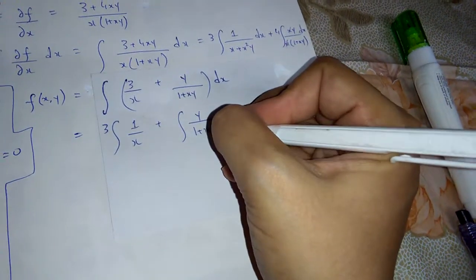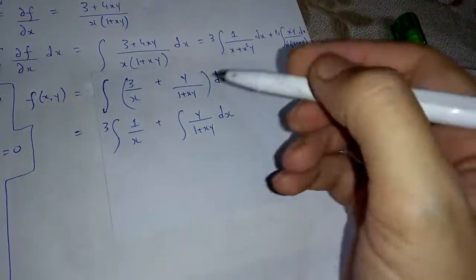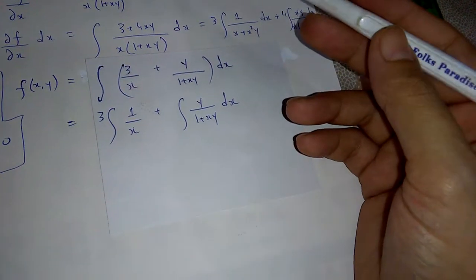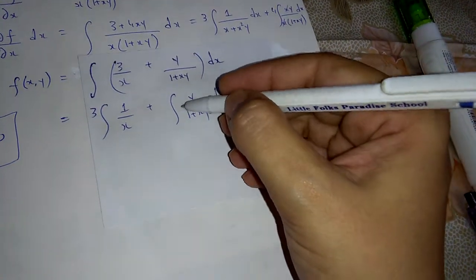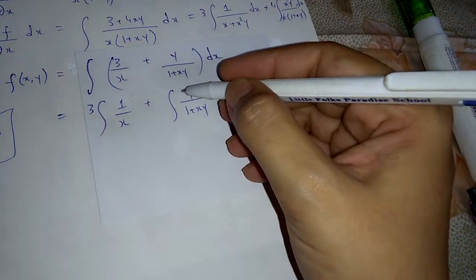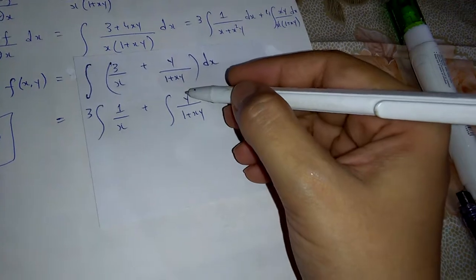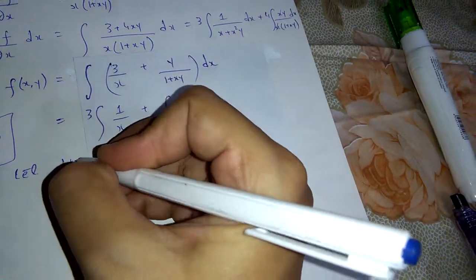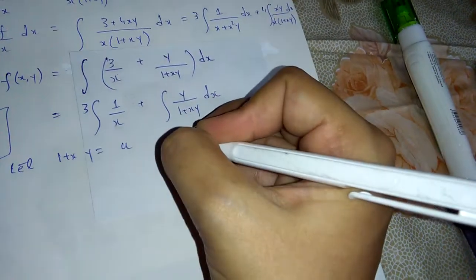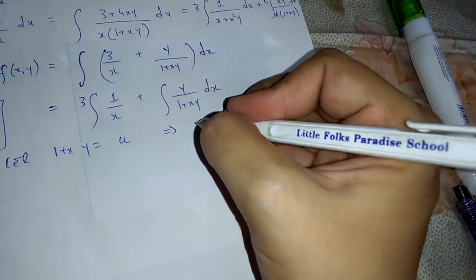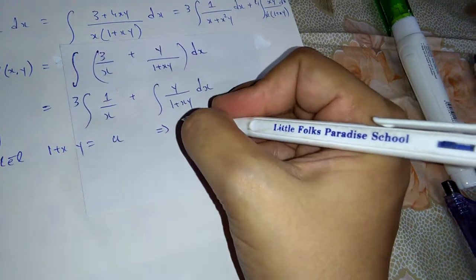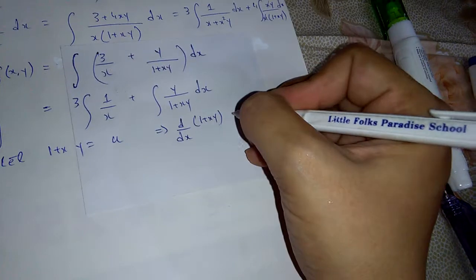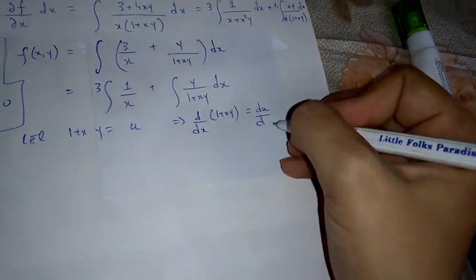You can notice that as we are integrating the integrand with respect to x, y is going to behave as a constant. All right, so over here if we use u substitution, let 1 plus xy equal u, and differentiate, d upon dx of this thing equals du upon dx.